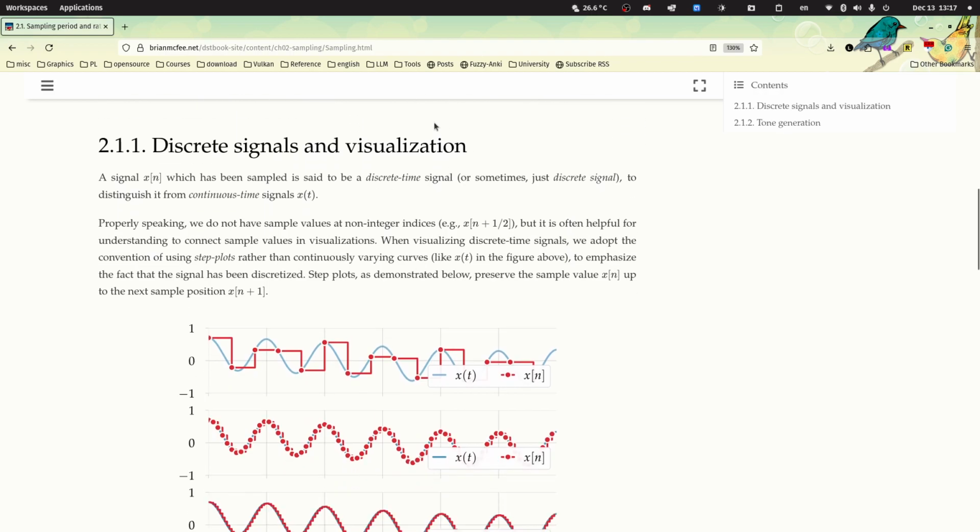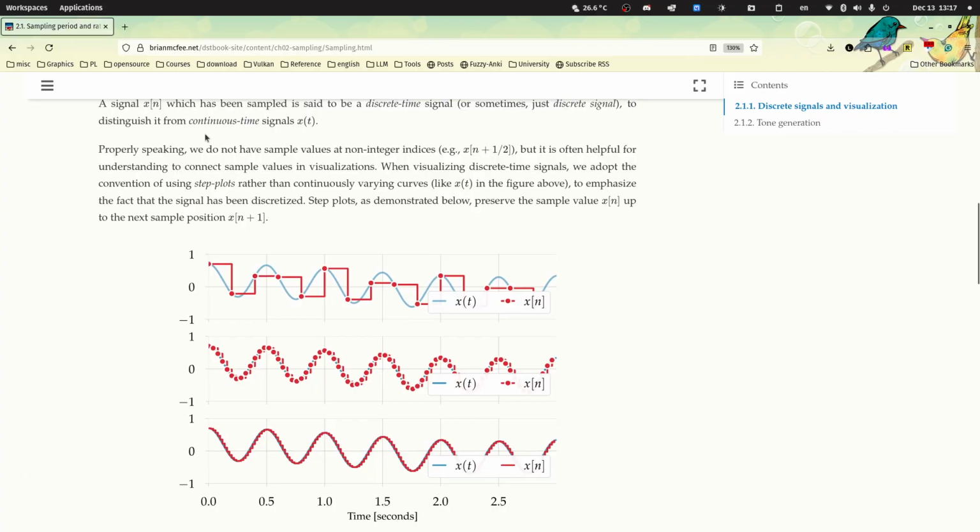So, visualization. A signal which is being sampled is said to be a discrete time signal, or sometimes just a discrete signal, to distinguish it from a continuous time signal. And we do not have sample values at non-integer indices.